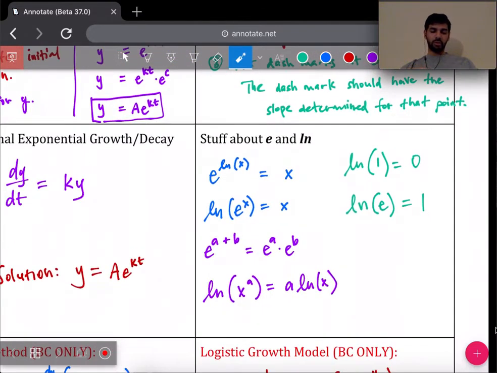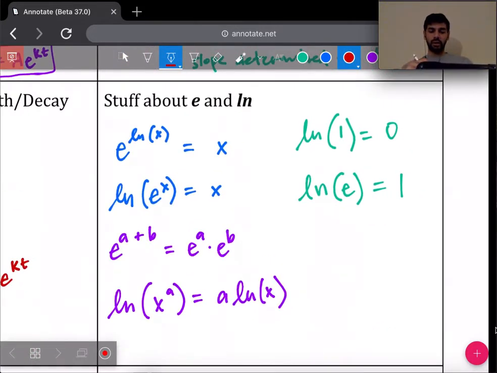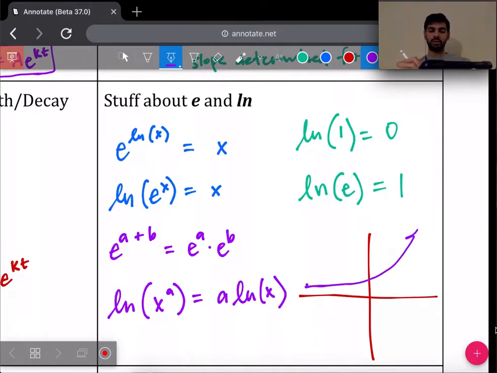And then there's some other properties of e and natural log here. Natural log of 1 is always 0. Natural log of e is always 1. And then if you would like to, I know you'll have your calculator with you on the day of the test, but if you just want to sketch the graphs real quick, e always looks like it's above the x-axis, and it looks like the beginning of a cursive E. That's how I remember it.